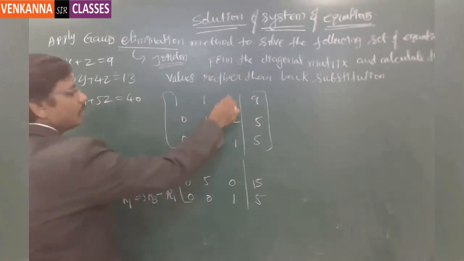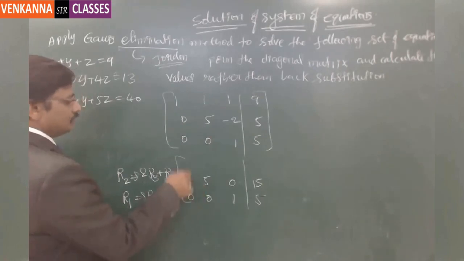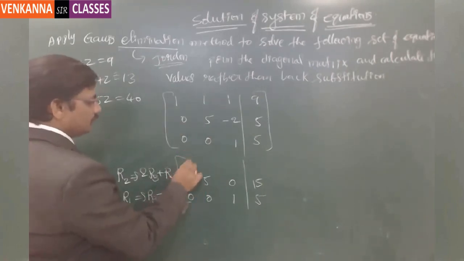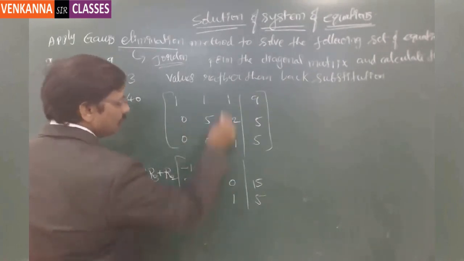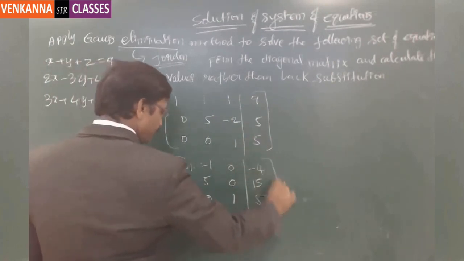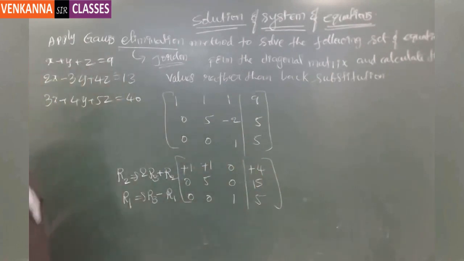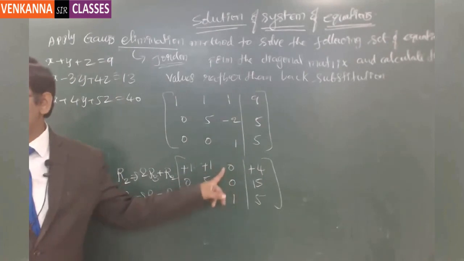So if I make this operation, this is going to be 0. R3 is anyway 0, 0 minus 1 is minus 1, and 0 minus 1 is again minus 1, and 1 minus 1 is 0, and 5 minus 9 is minus 4. Being the same sign, you can cancel at all the locations. So this is one operation where you have made this number 0.